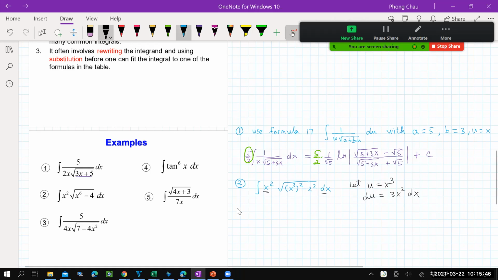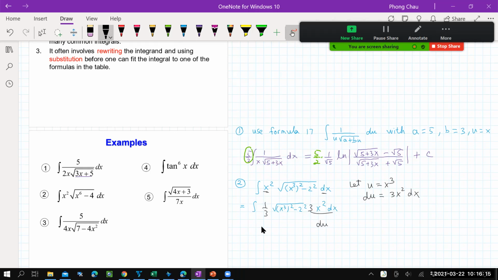But before we get there, let's rearrange. So I have the square root of x cubed squared minus 2 squared. We put the x squared in the back, that's the x. I need a 3, so I'm going to multiply by 3 times 1/3. That will turn into a du.